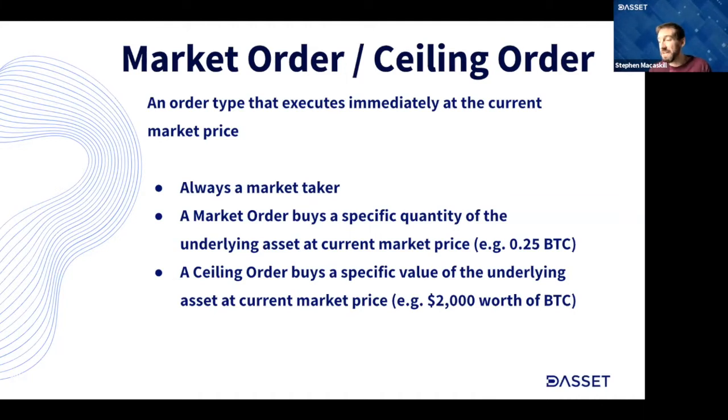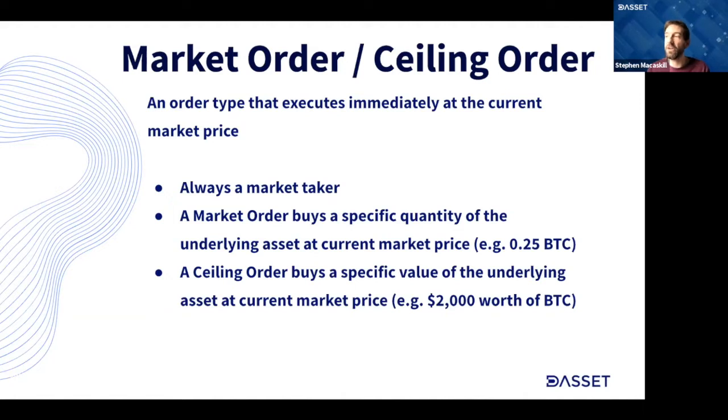For something like Bitcoin, it might change a fraction of a cent. But if you're buying Bitcoin at $90,000 and 1 cent, and you place a market order, then by the time it gets to the order book, you might be buying it at $90,000 and half a cent, if that makes sense.